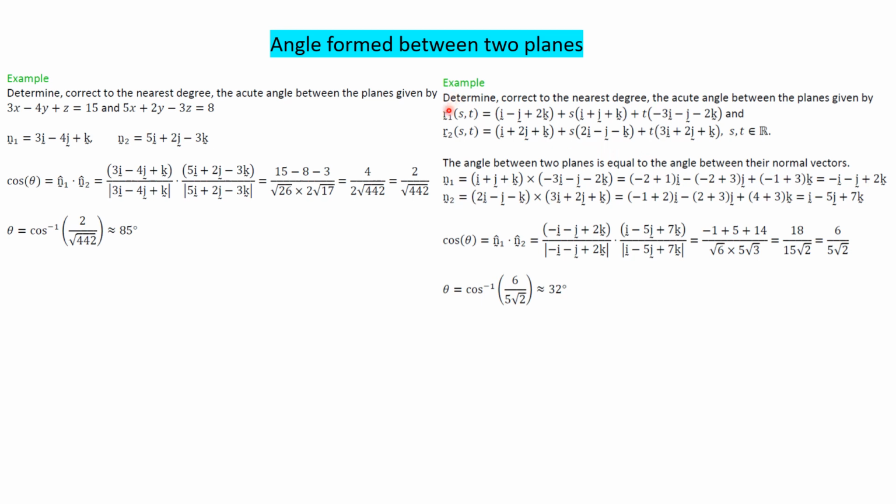So you do that for r1 and then you do that for r2 as well. Once you've got n1 and n2, you can find the unit vectors and then take the dot product between them. That will give you cos theta, and then take cos inverse to get your angle.